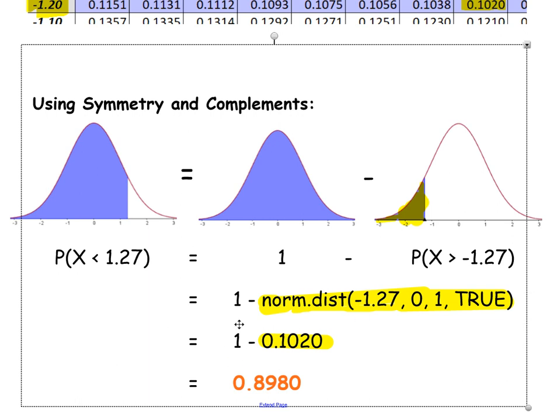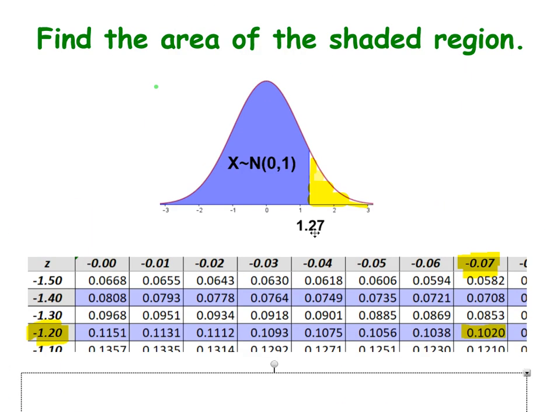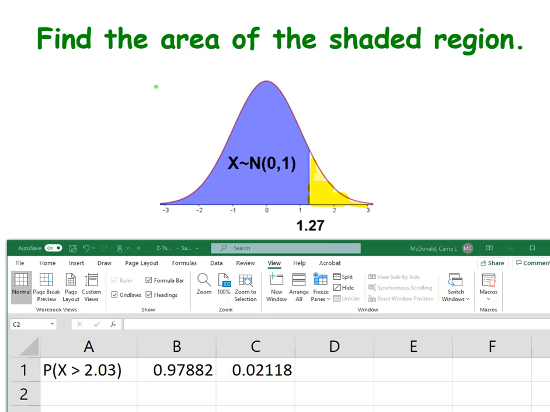Now, with Excel, it's actually easier to just go ahead and use the original positive z-score because in this case, when you put it in, since you want a left-handed region, it's automatically going to give you the correct answer since it always gives you areas to the left. So in Excel, I would do the probability that x is less than positive 1.27.